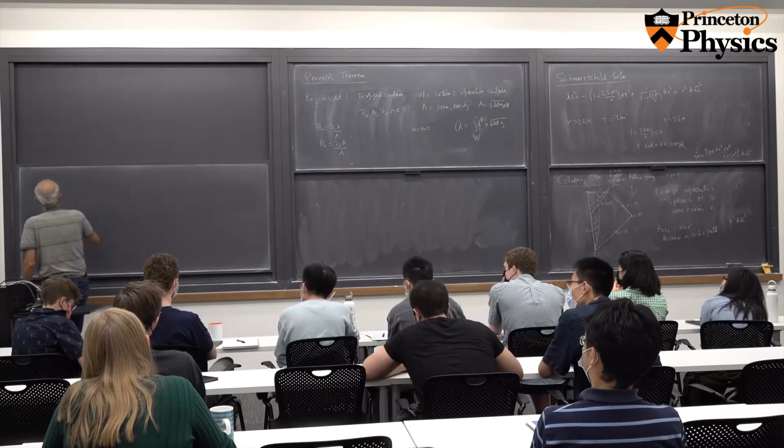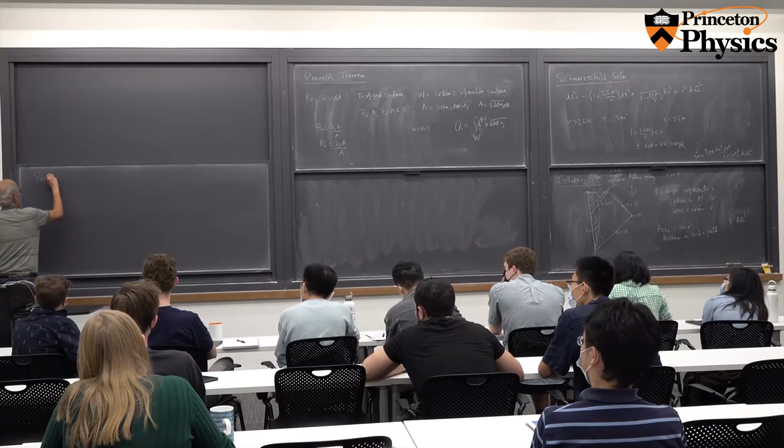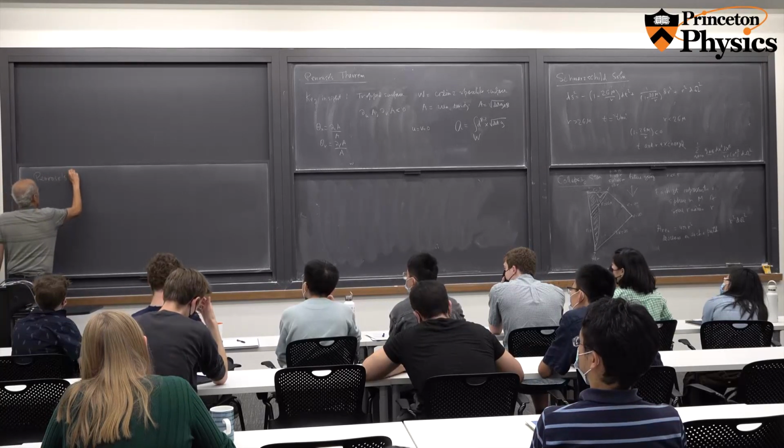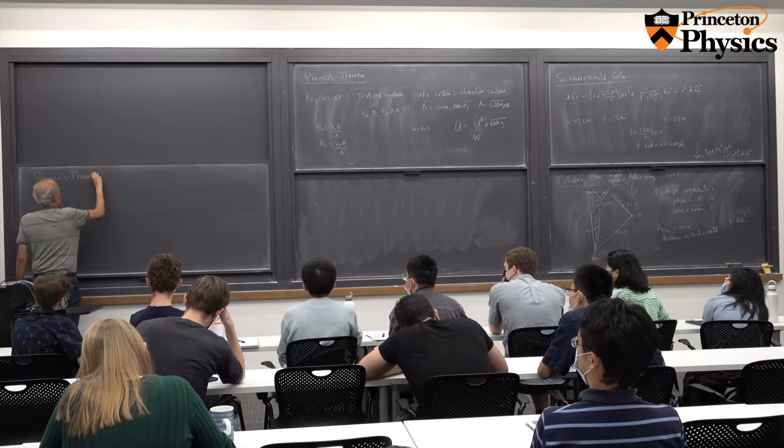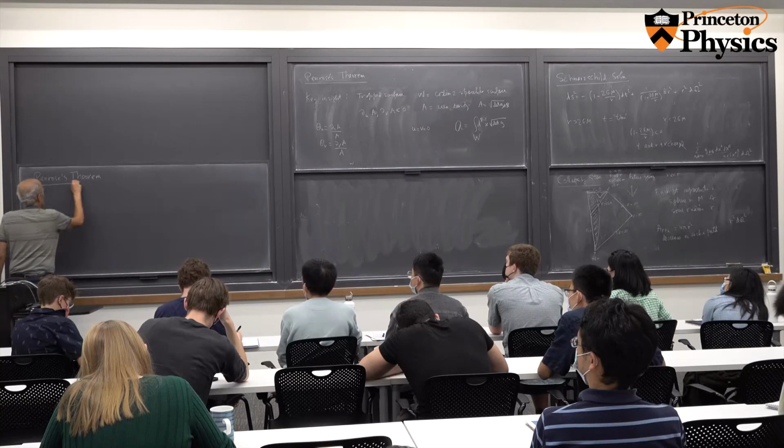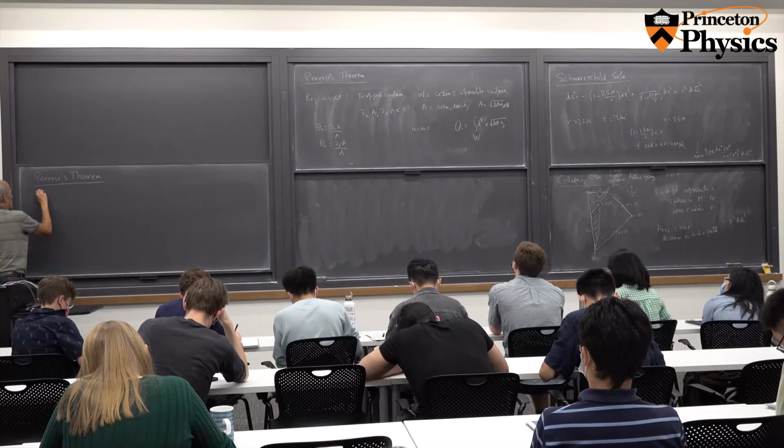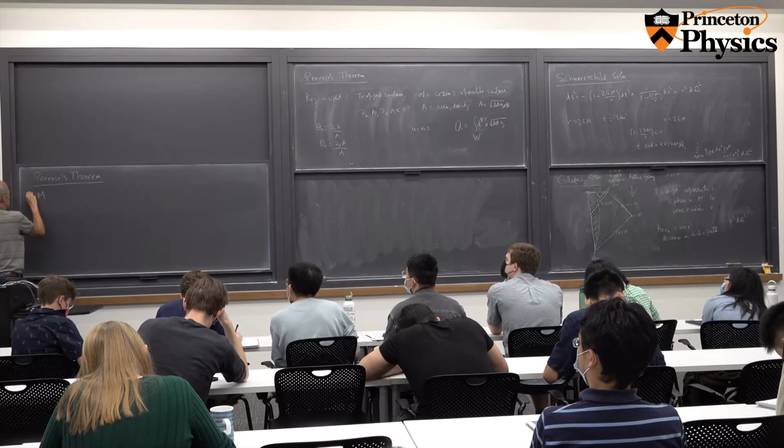Okay, now we get to Penrose's theorem. I jumped the gun by writing the name on the blackboard before, forgetting I hadn't introduced trap surfaces yet. So here are the assumptions in Penrose's theorem.